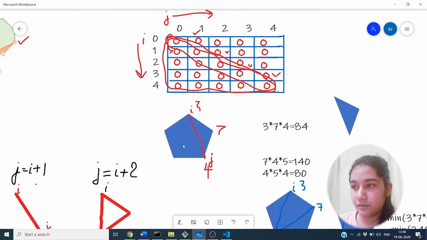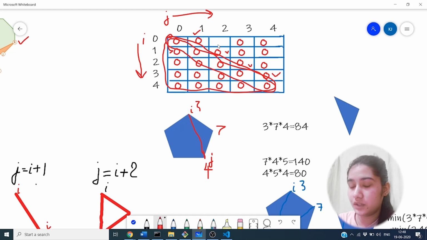So in the table, if we see, then i value is 0, j value is 2. So here it becomes 3 into 7 into 4.